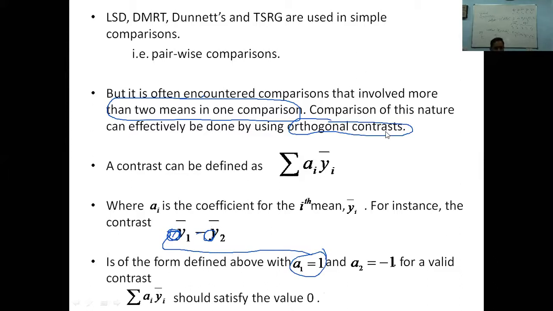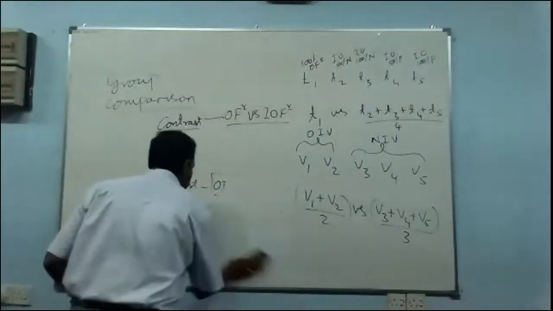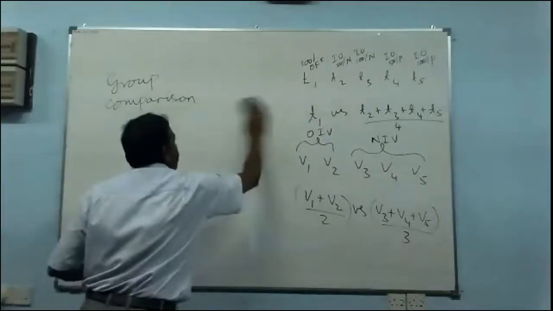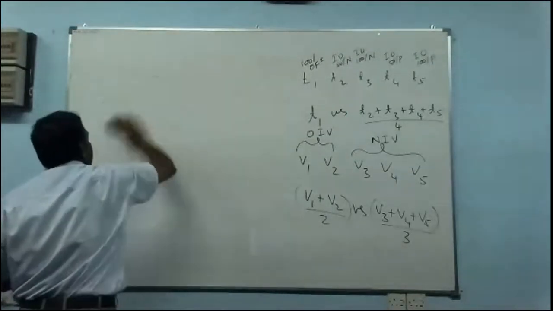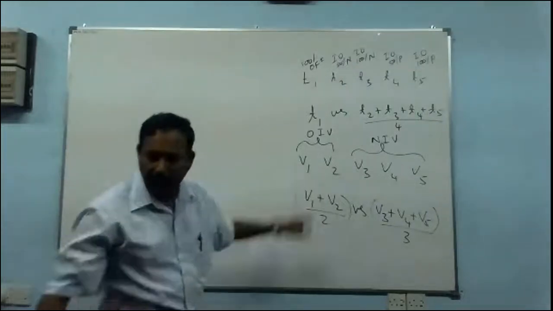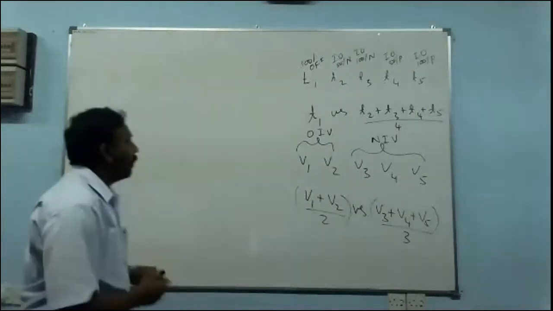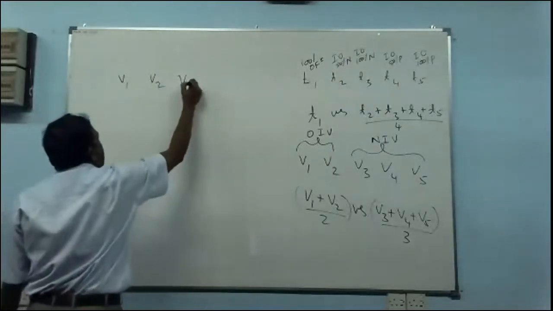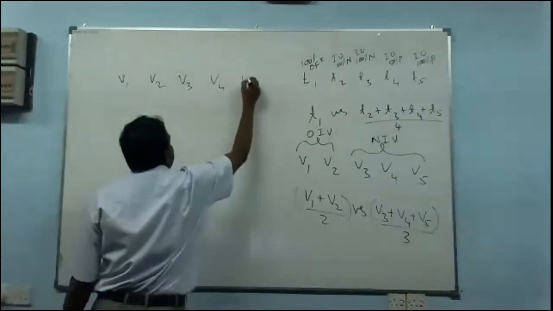Right. Now let's take simply this example to talk about this coefficient. I'll take this variety, the same example: variety 1, variety 2, variety 3, variety 4, variety 5.